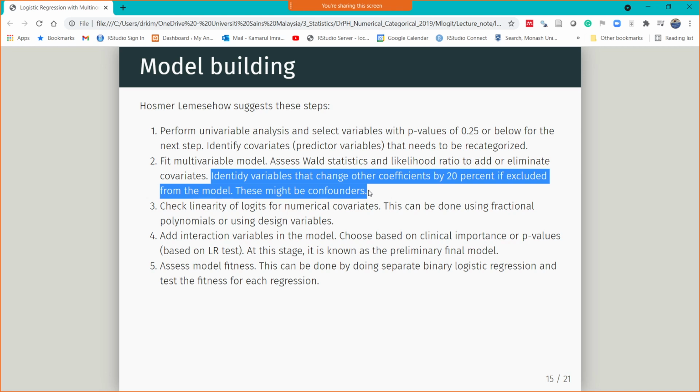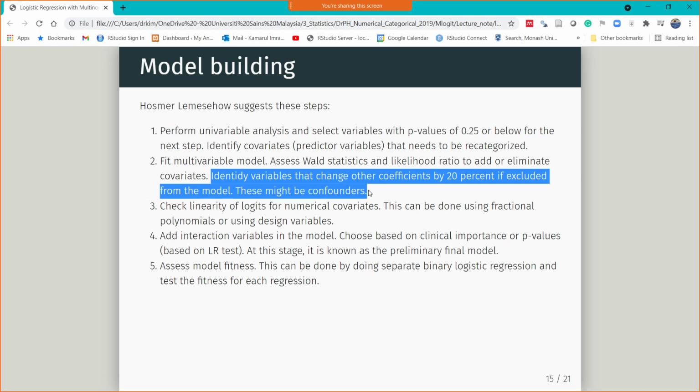And then now you assess the model fitness. In multinomial logistic regression, there is no package at the moment that can do this automatically. What you need to do is run binary logistic regression separately, between 0 and 1, 0 and 2, and do model assessment for each of the separate binary logistic regressions.